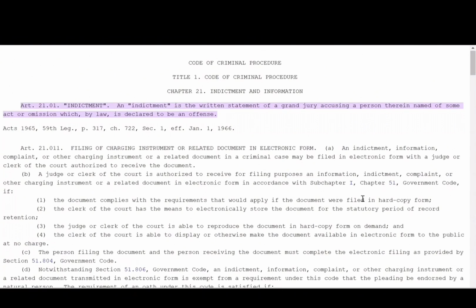But again, if we can't submit that criminal complaint, we can't get an information, we can't get an indictment, which we're going to next. An indictment is a written statement of a grand jury accusing a person therein named of some act or omission, which by law is declared to be an offense. And again, you can't get an indictment if you can't get your criminal complaint in.